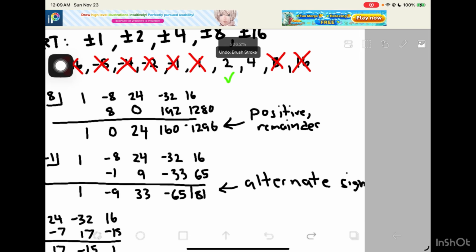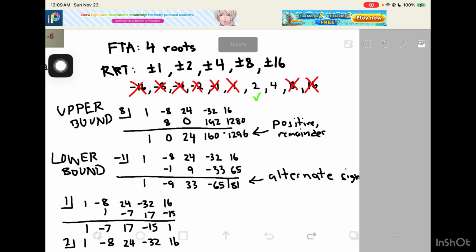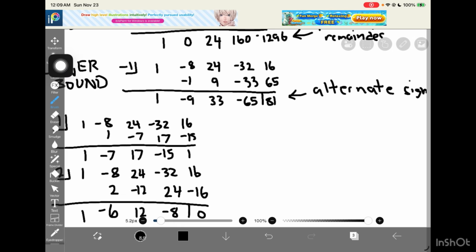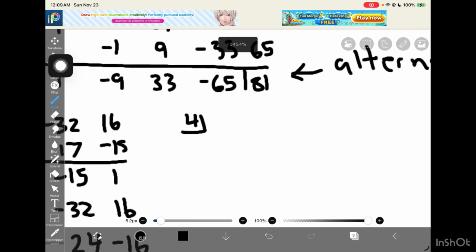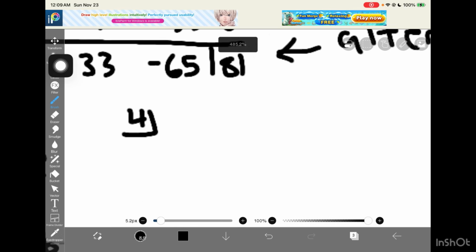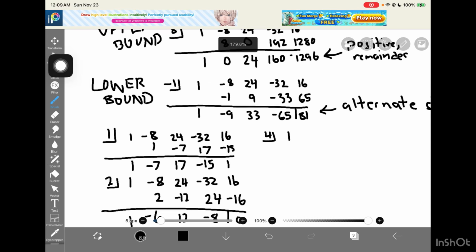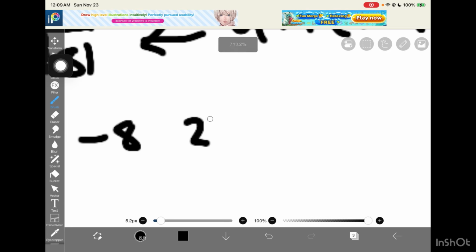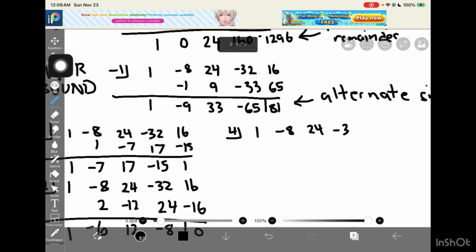But as you can see over here, we actually eliminated almost all the roots, but we only have 1. But let's just make sure that 4 isn't a root. So 4, we get 1, negative 8, 24, negative 32, and then 16.